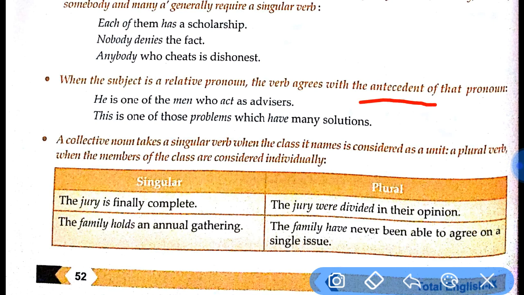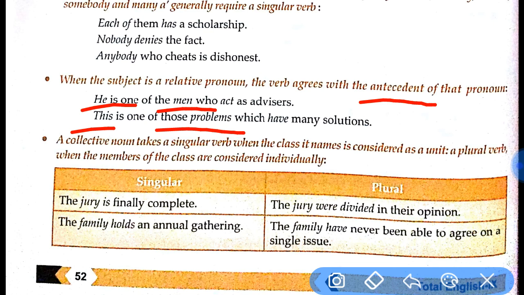See, for example, he is one of the men who act as advisors. See, he is the antecedent of men, a plural form, but the verb used is is. This is one of those problems, so its antecedent is used. Okay, so we have a singular verb.